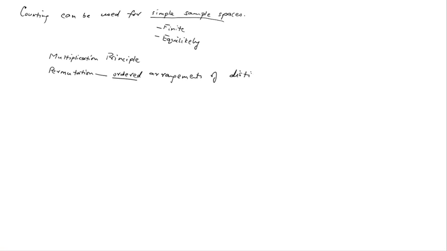The objects have to be different. And you count permutations based on the multiplication principle. So it's just a multiplication principle in disguise.